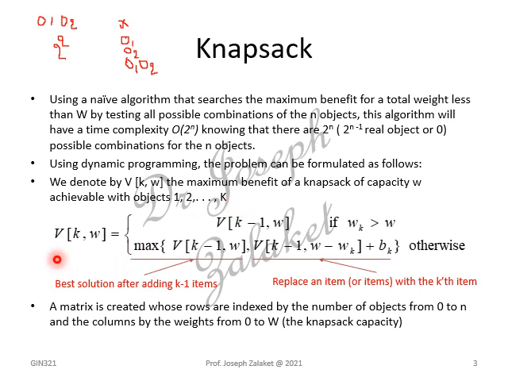So V(k, W), the maximum benefit, is equal to V(k-1, W) if wk is greater than W. Otherwise, it's equal to the maximum of V(k-1, W) and V(k-1, W-wk) plus bk.